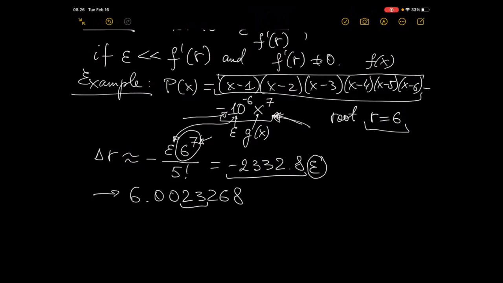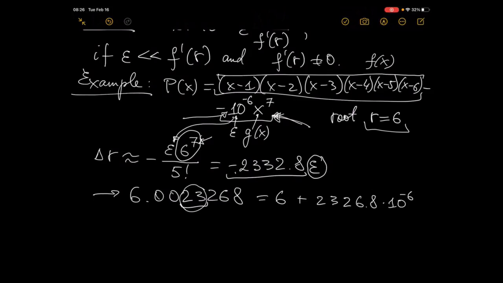If you multiply this value by 10 to the minus 6, you will get exactly this distortion of the root, which is 6 plus 2, 3, 2, 6, 8 times 10 to the minus 6, if you like.